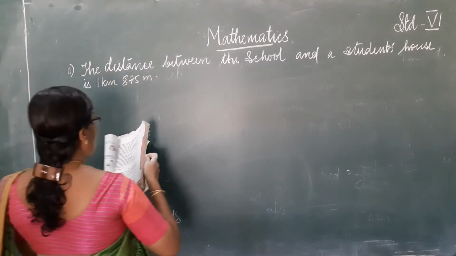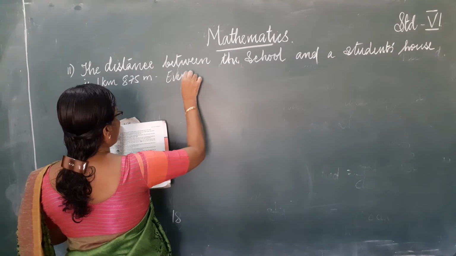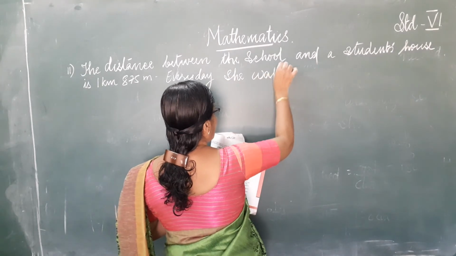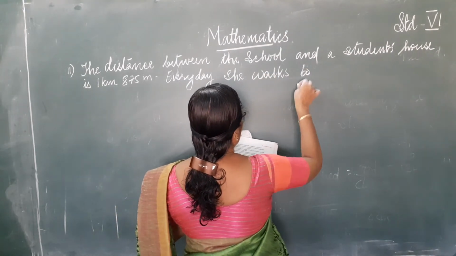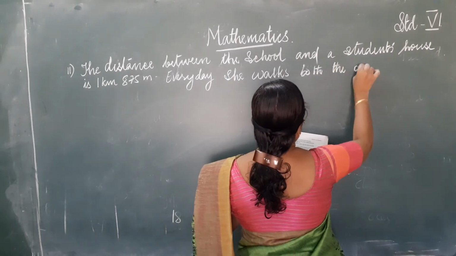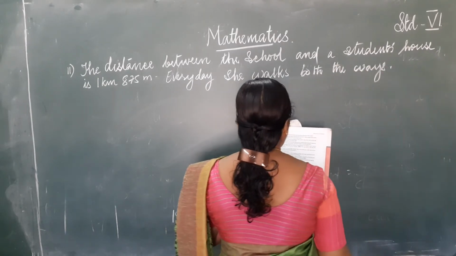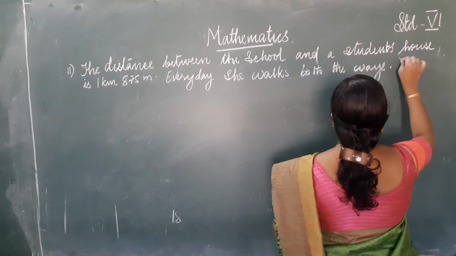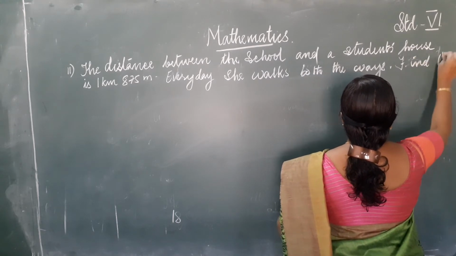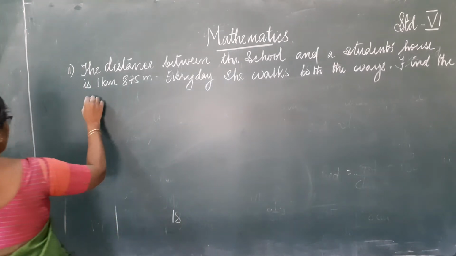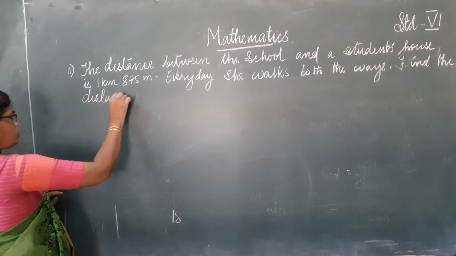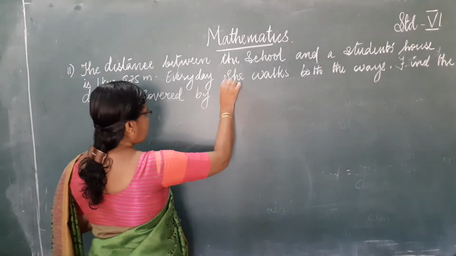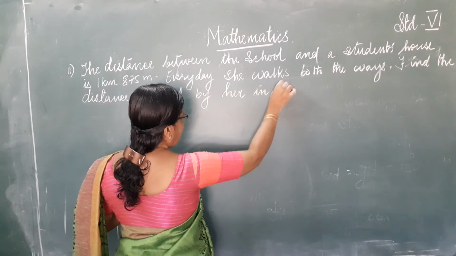Every day she walks both the ways. Find the distance covered by her in 6 days.